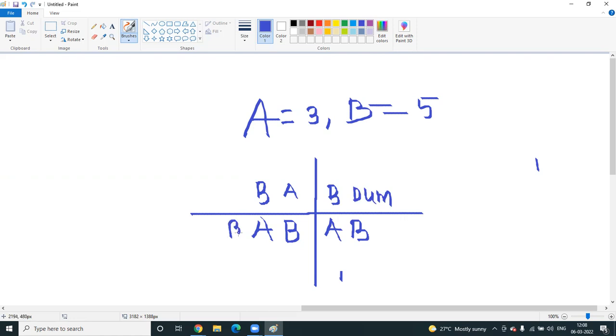for A. B5 is there, so you can place it here. Generally add dummies on the side only.